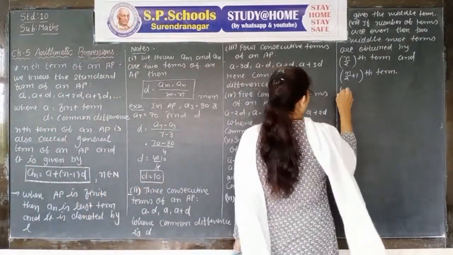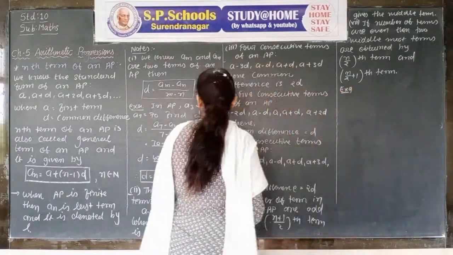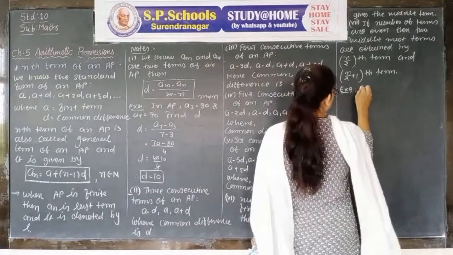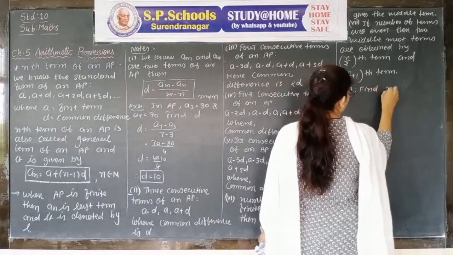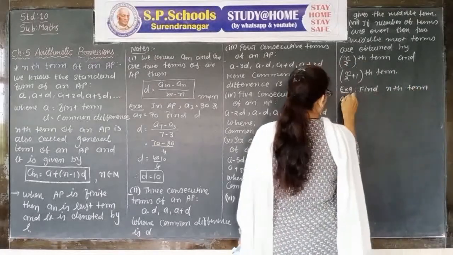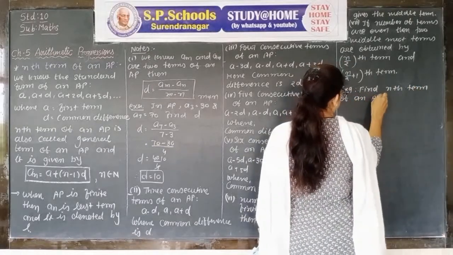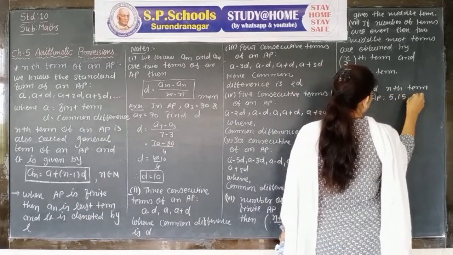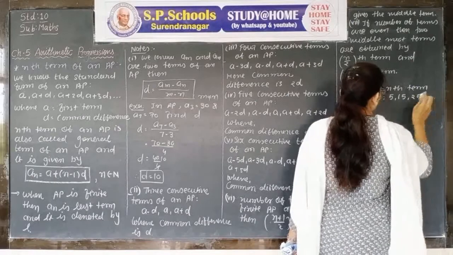Let us see one example to find the general term or nth term of an AP. Find the nth term or general form of the AP 5, 15, 25 up to infinity.